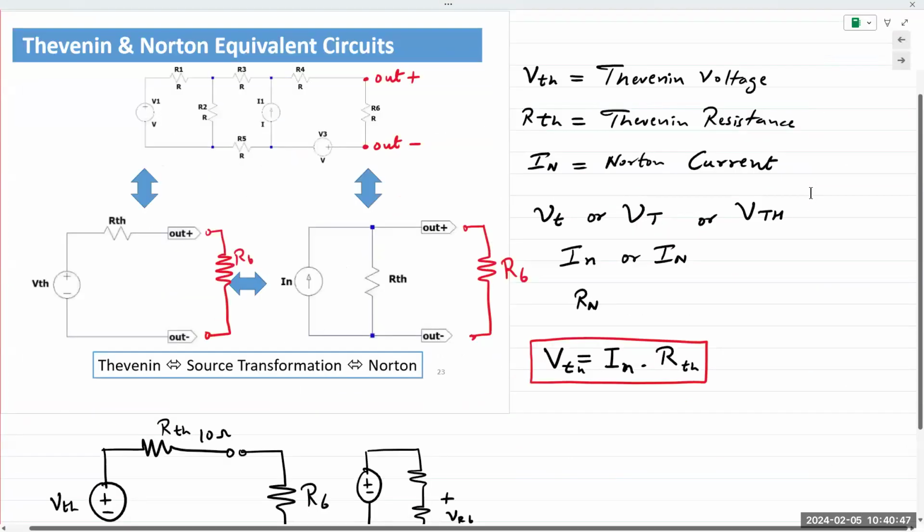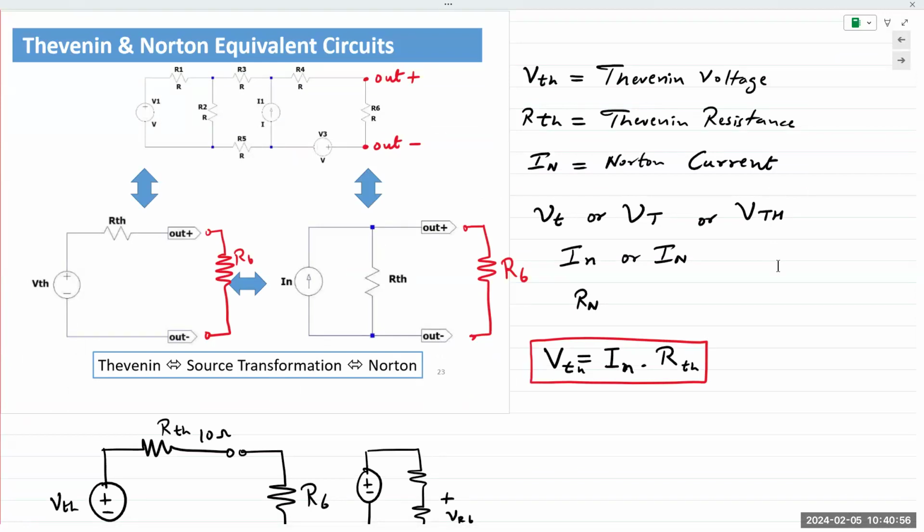When I introduced this topic, we used this circuit with three sources as an example. I stated that we are trying to determine the optimal value of R6 to fit within a certain spec, right? And the purpose of performing this Thevenin and Norton analysis was to determine the optimal values.